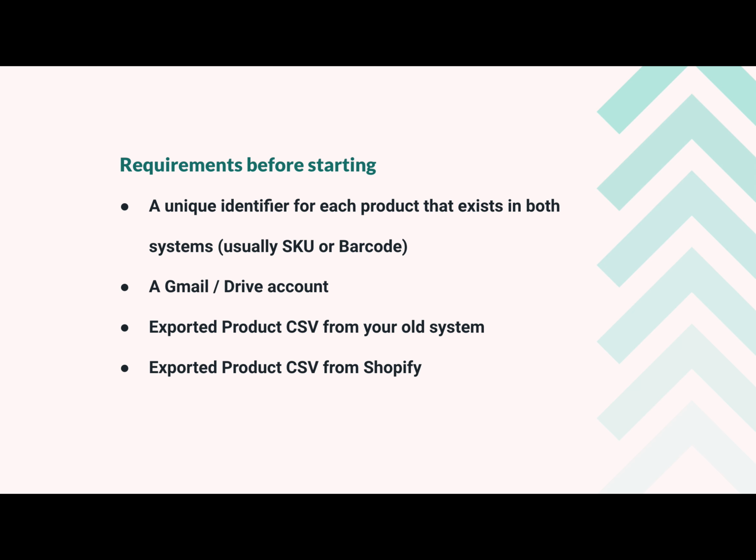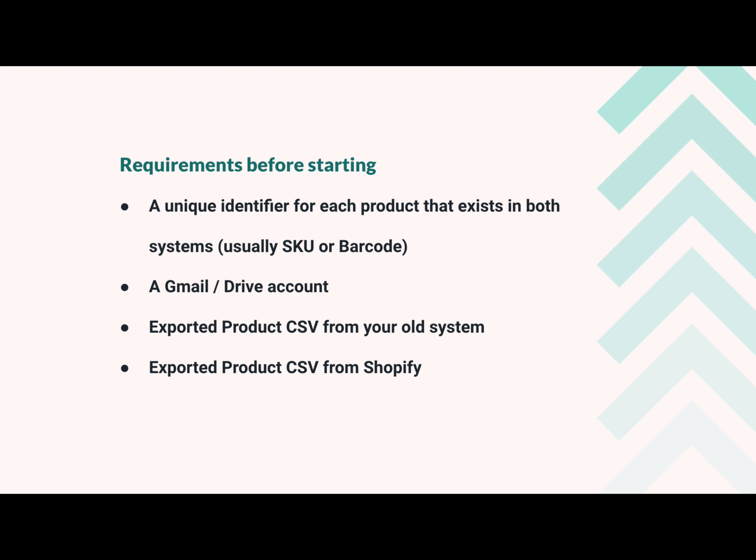Just before we take a look at how the tool works, here are the requirements before starting. What you'll need is a unique identifier for each product, and that needs to exist in both of the systems. Usually we use an SKU or a barcode. Even if you call it something different in your old system versus what you've called it in Shopify, that's totally fine.